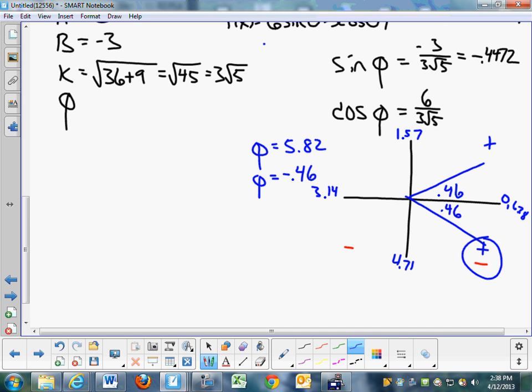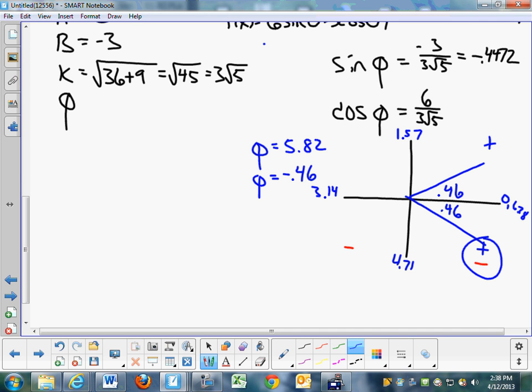That if I subtract 0.46 off of 6.28, that would be the same as going negative 0.46 in the opposite direction? Would you agree that those are the same? Which one would you like to say is phi? Would you like to use phi as 5.82 or phi as negative 0.46? I like negative 0.46. I'll show you, okay?